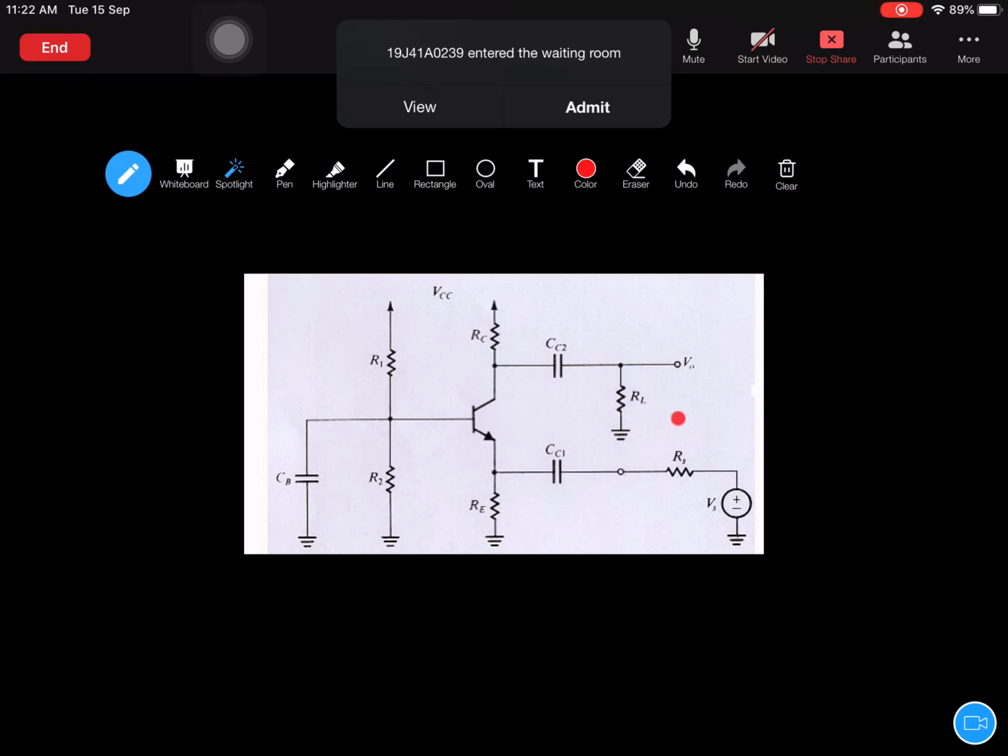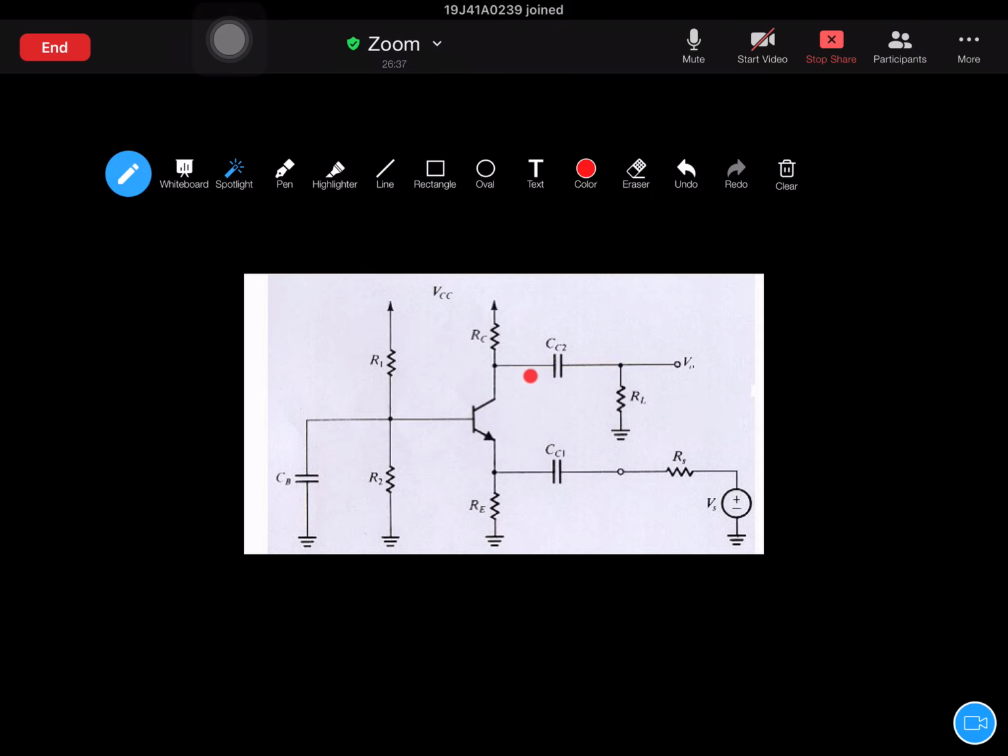If this becomes short circuit, there will be a current flow from VCC to here. In order to avoid that current flow, you are providing the coupling capacitor CC2. Similarly, CC1 is provided in case the input source is short circuited, then there is a chance that there will be a current flow from VCC to the input side, and that can be avoided by using the coupling capacitor CC1.